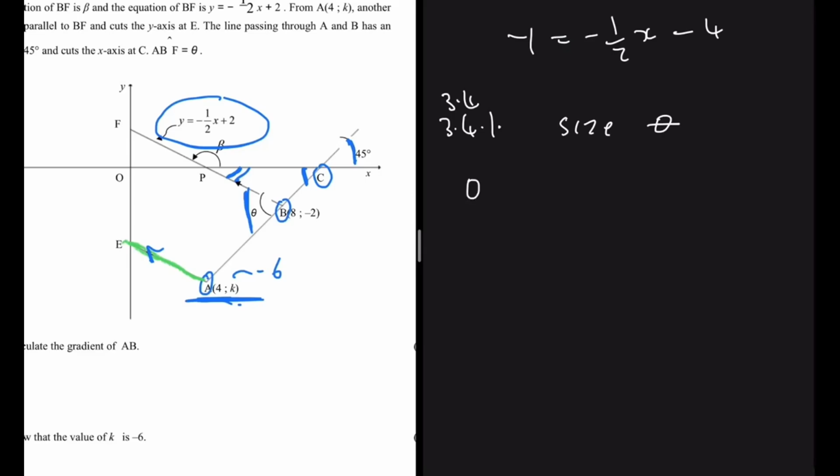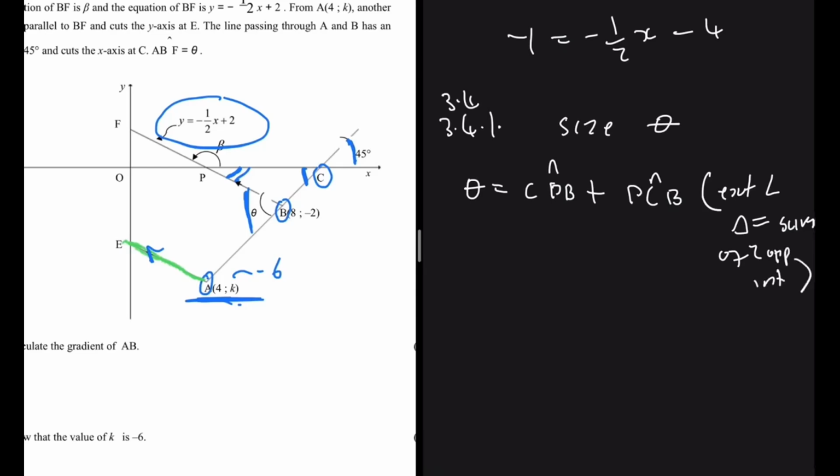So now we can see that theta is equals to angle CPB plus angle PCB, right? And then why are we saying that exterior angle of a triangle is equals to the sum of two opposite interior, right?